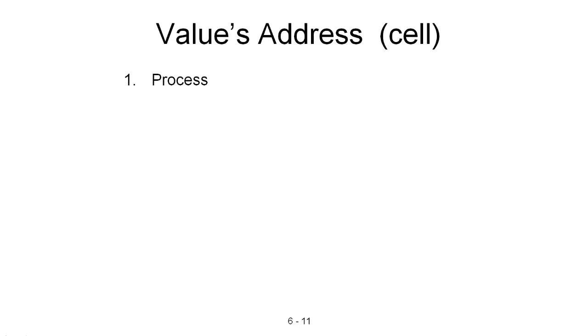So the address, where could we have, what value could we have? We could have a process. This is an application that is running, so that process has a name, that process has certain information about it, and so the cell itself could be the process, and it could contain all the statements, all the data structures, and everything that particular process knows.